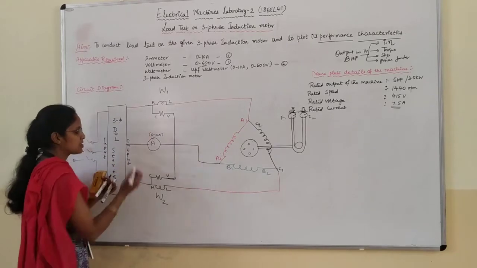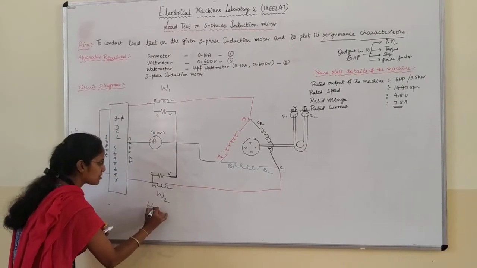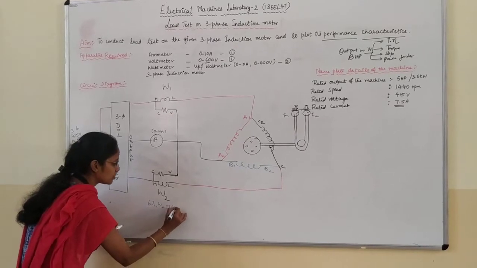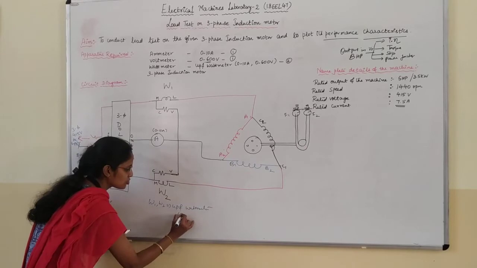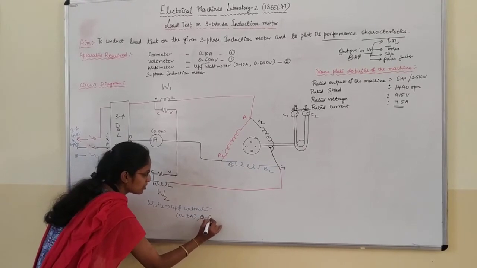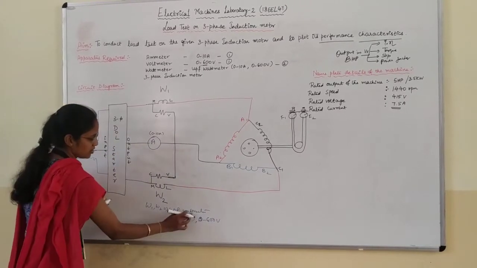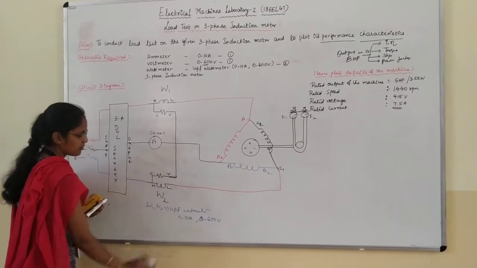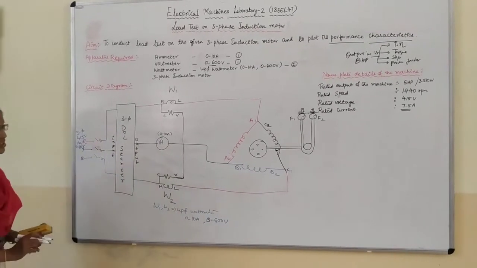And also you can specify what W1 and W2 are. The W1 and W2 which you are going to prefer are UPF wattmeters with a range of 0 to 10 amps and 0 to 600 volts, because it is a 3-phase. So this is how we can prefer the 2 wattmeters. So what about the procedure?